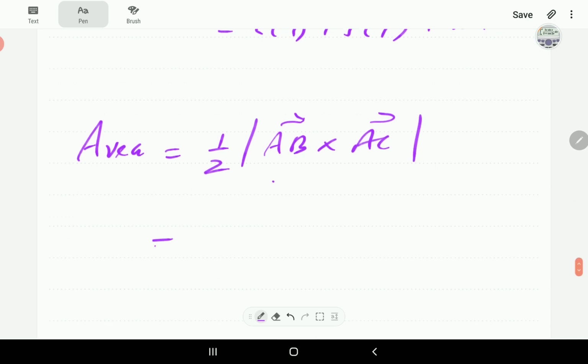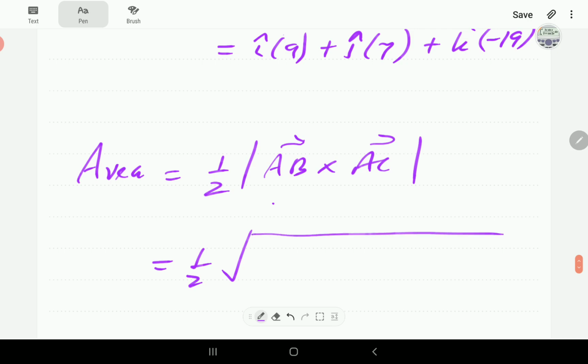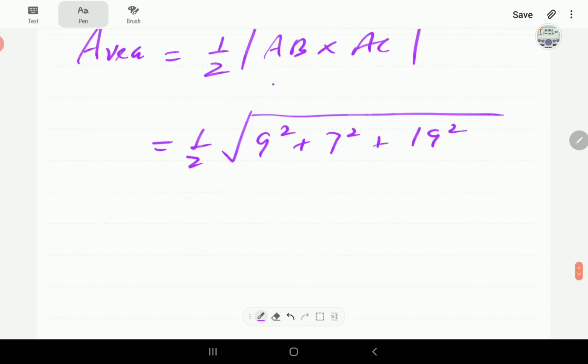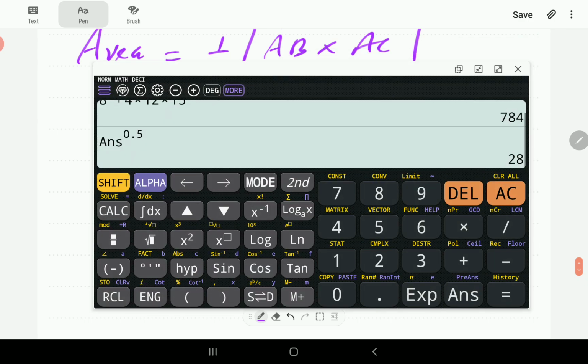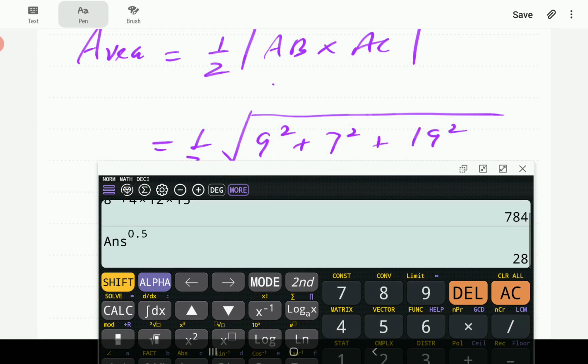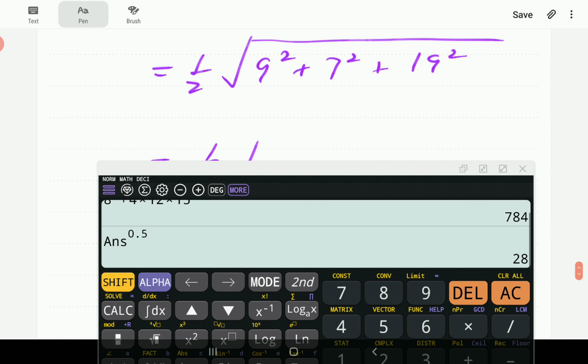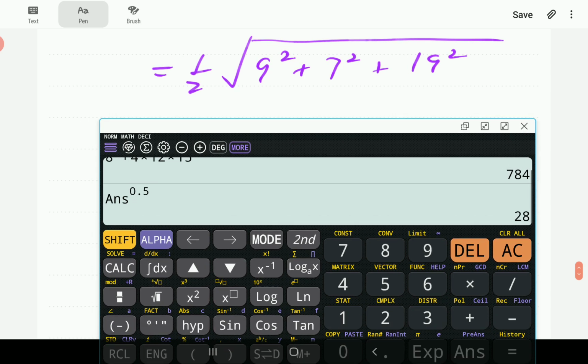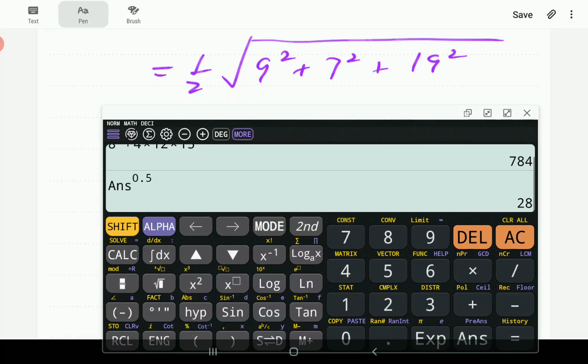So that's going to be 1/2 times the magnitude of that, which is the square root of 9 squared plus 7 squared plus 19 squared. And then we can punch that in the calculator.